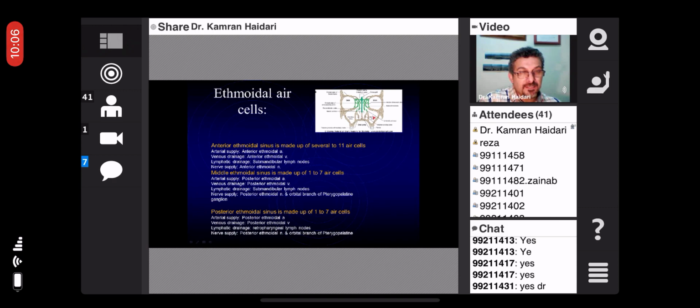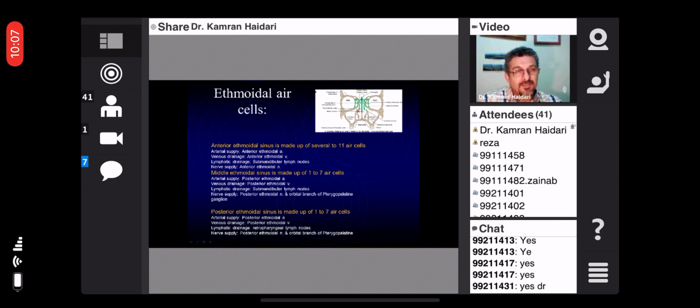For example, maxillary sinus. Please pay attention to the maxillary sinus. The bottom of this sinus is lower than the orifice, or opening, of this sinus to the nasal cavity.